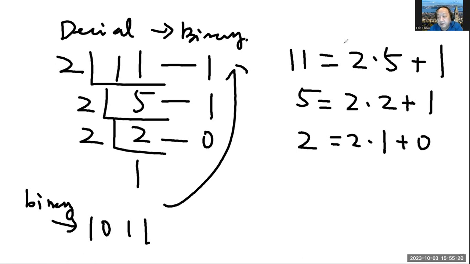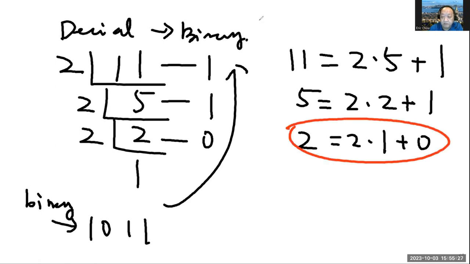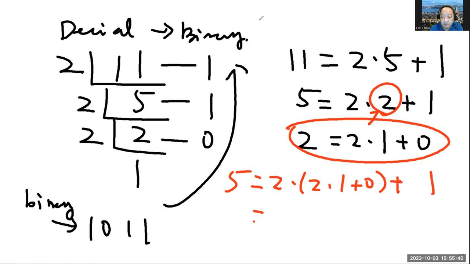Let's substitute back: 5 equals 2 times 2 plus 1, which is 2 to the power 2 plus 0 times 2 to the power 1 plus 1 times 2 to the power 0.